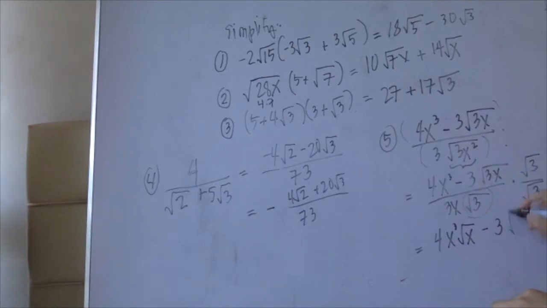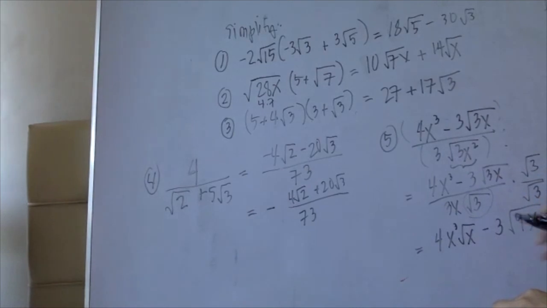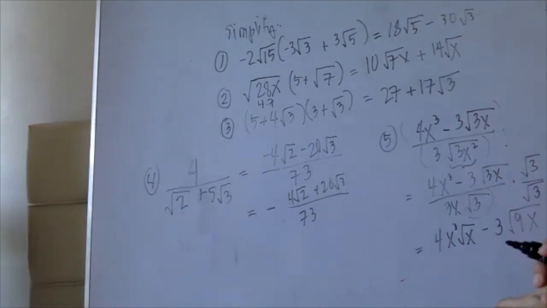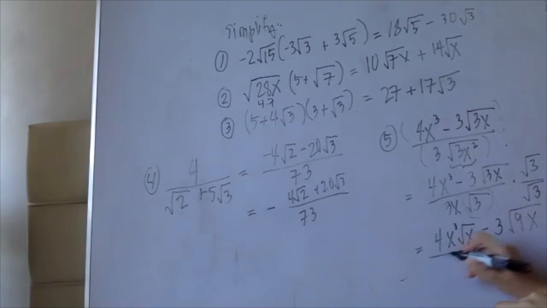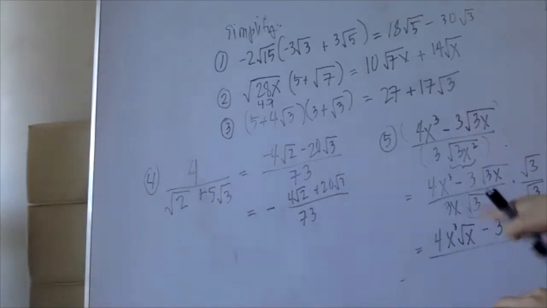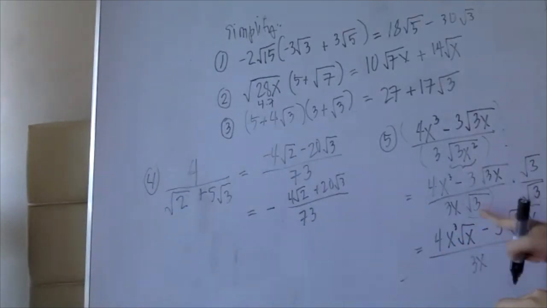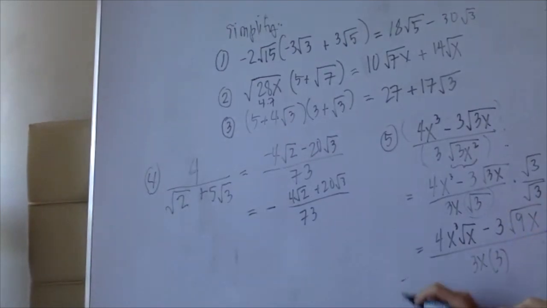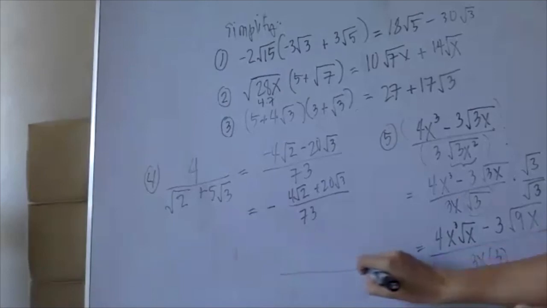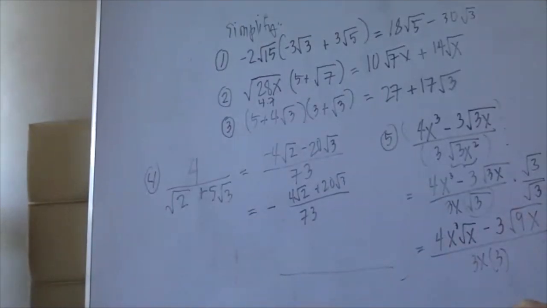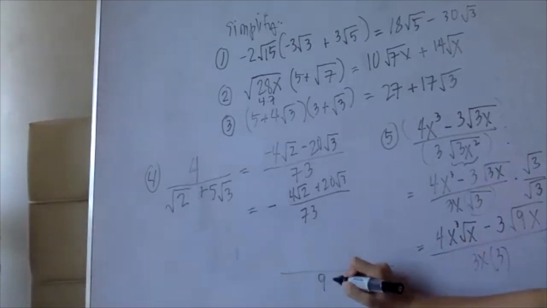Pareho sila ng index, so pwede natin isama. 3x times 3, that's equal to 9x, over 3x times square root of 3 times square root of 3, that's equal to 3. Ang denominator natin dito is 3x times 3, so that's 9x.